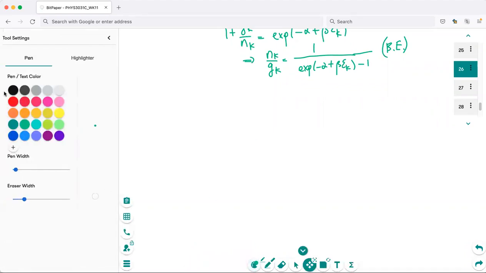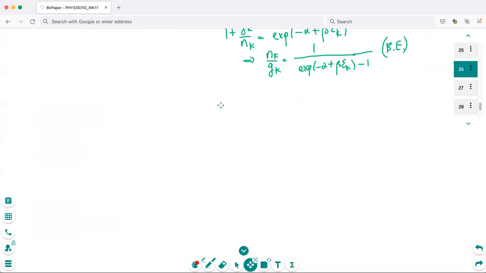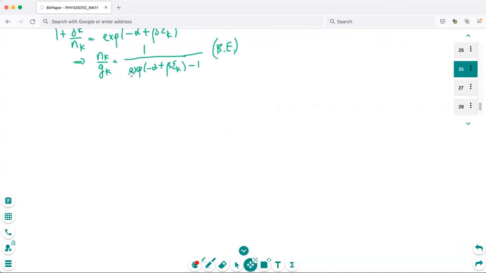If you have done a good job and really keep track of everything, the steps are identical, you do things correctly, you will get this result. So for fermion, let me make it more symmetric here. For fermion, you get nk divided by gk is 1 over e to the minus alpha plus beta epsilon k, plus 1. So this is the key difference.